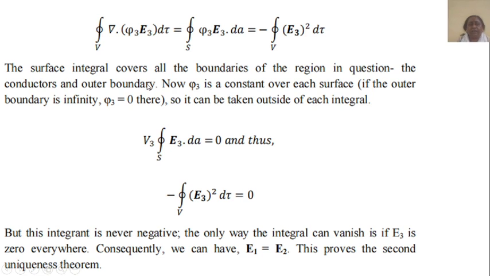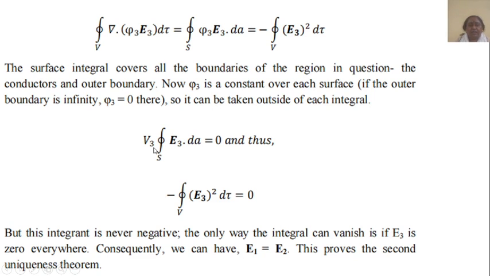The surface integral covers all the boundaries of the region in question, the conductors and the outer boundary. Now psi 3 is constant over each surface, and if the outer boundary is at infinity, psi 3 equals 0 there, so it can be taken outside of each integral.